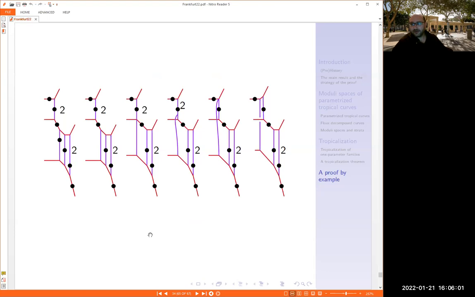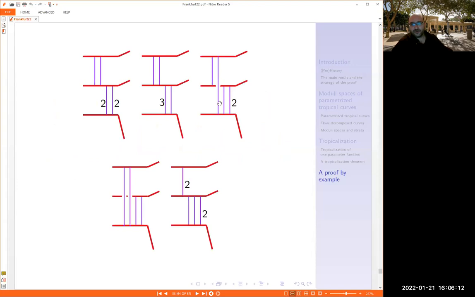There are no more words on my slides, only pictures. So I start, this is on the left, this is the picture. By the way, I didn't mention this, but these numbers 2, 3, and so on indicate the multiplicity of the edge, the integral length of the slope.